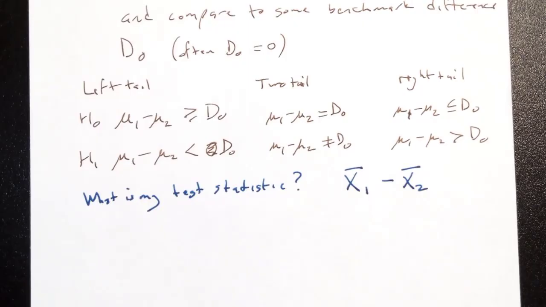Now I got to figure out what the Z-calc thing is, right? Or the T-calc. How do I know which one to use?